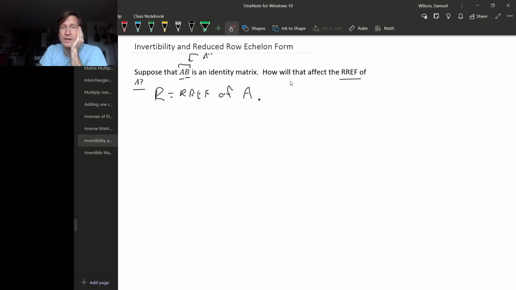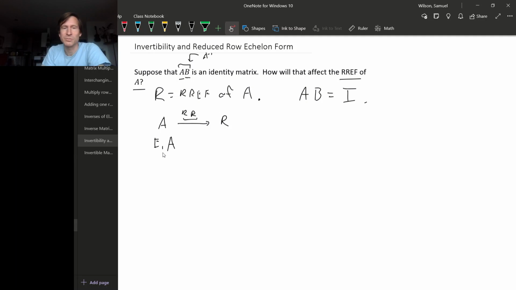Okay, now we know a few things. On the one hand, A times B is an identity matrix of an appropriate size. That's just part of the assumptions that we made. Also, because R is the reduced row echelon form of A, that means if you start with A and do row reduction, you get the matrix R. But we can now interpret row reduction as multiplying by a series of elementary matrices.